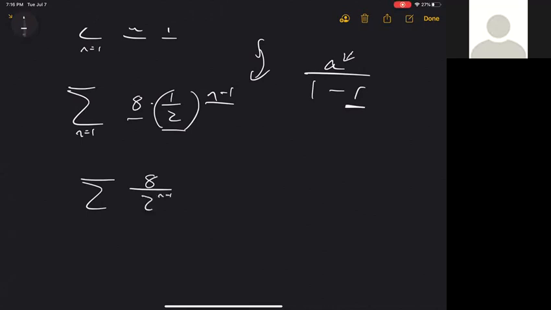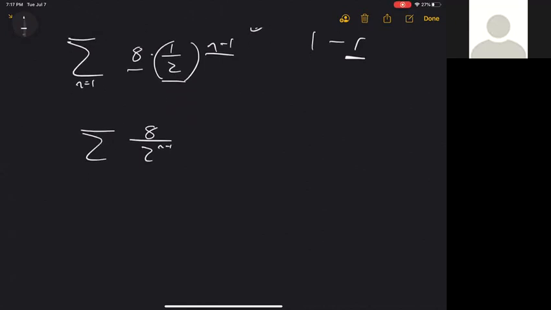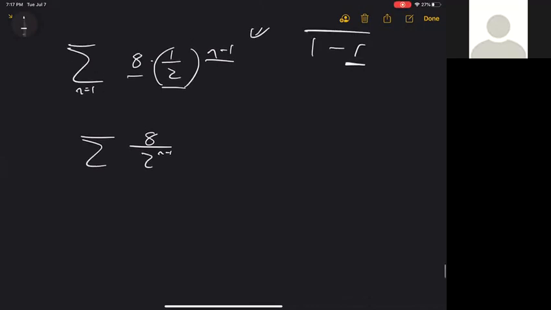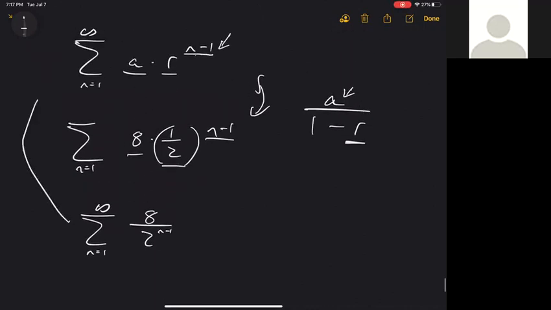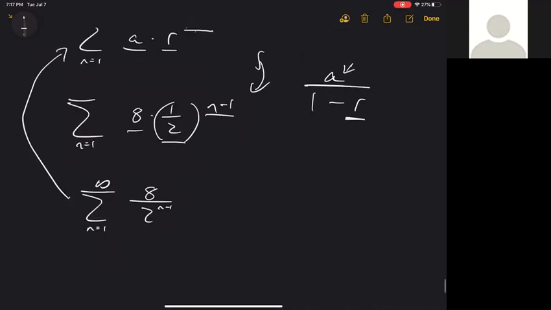These series are the exact same. If I suspect it's a geometric series, or I can tell it is but can't figure out what my A and R are, I should try to rewrite it in this form.